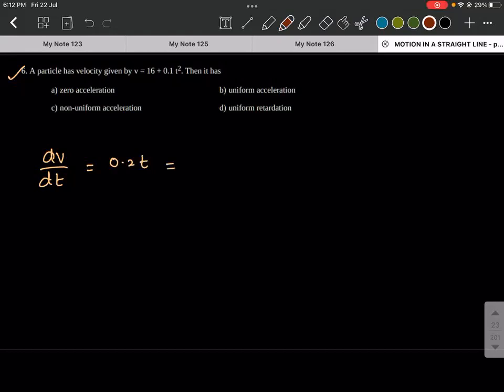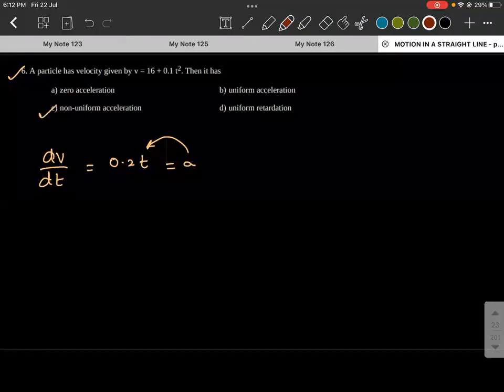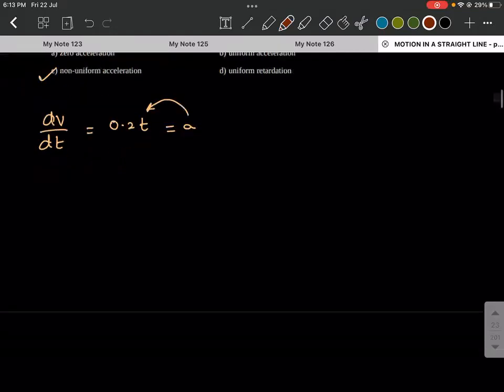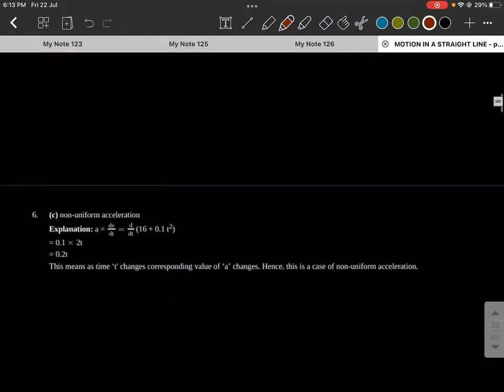So this is acceleration. If you observe, acceleration is a function of time. When acceleration is a function of time, I cannot call it zero acceleration. I cannot call it uniform acceleration. I cannot call it uniform retardation. So the answer is non-uniform acceleration. So what is the meaning of non-uniform? The acceleration will be a function of time. That is the answer. The answer is C.